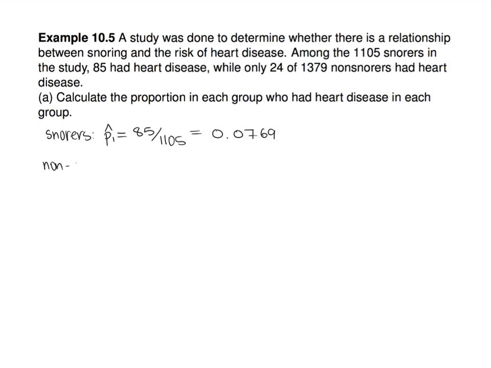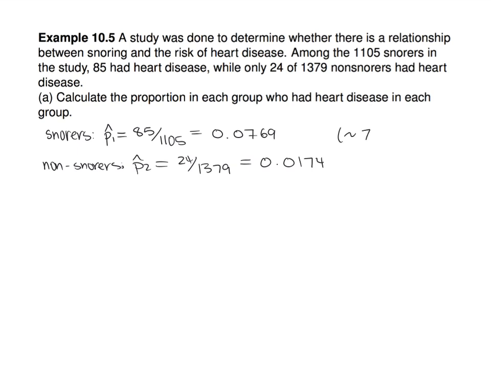And of the non-snorers, P2 hat was 24 out of 1,379, which is about 0.0174.